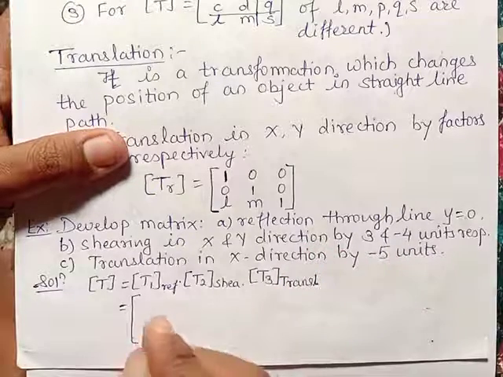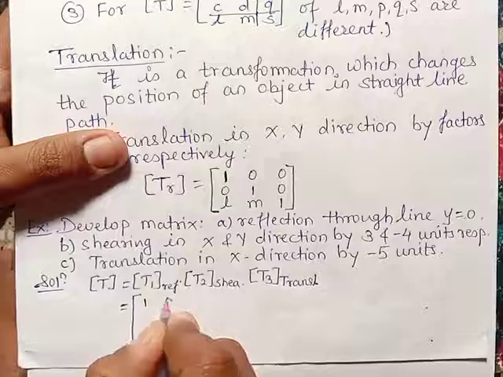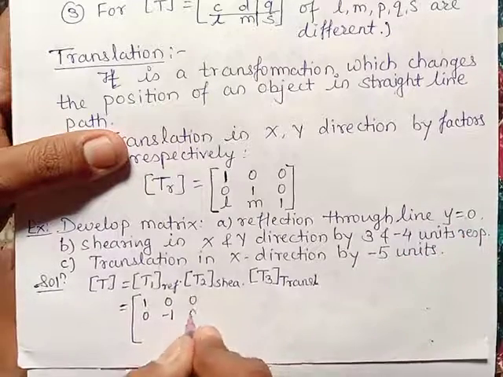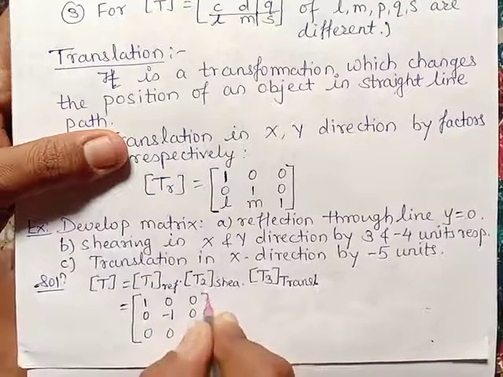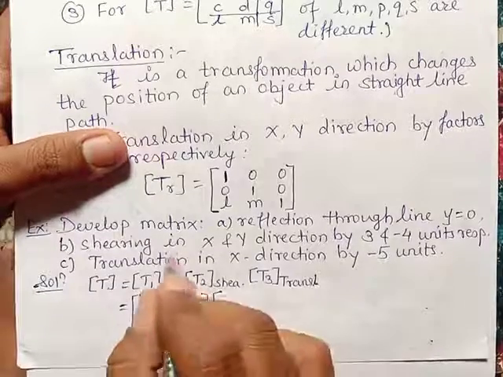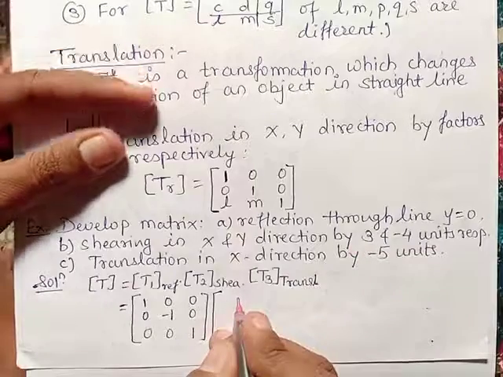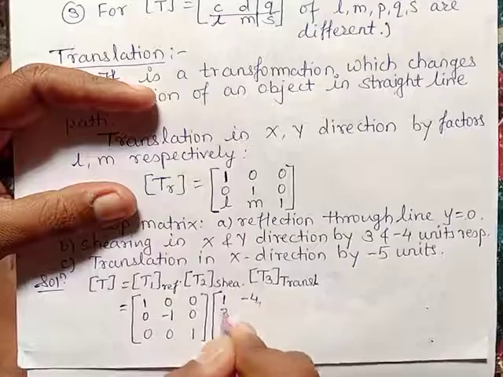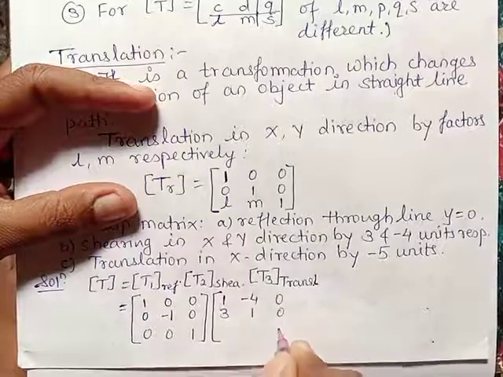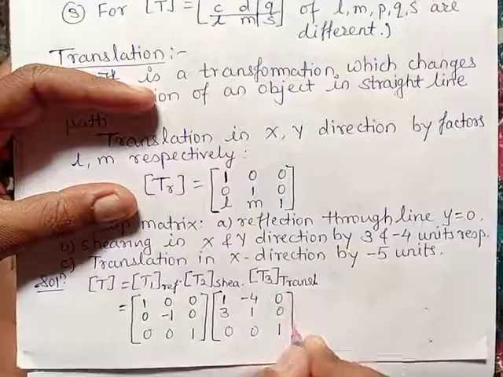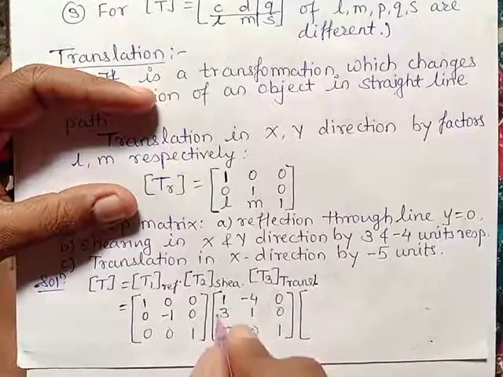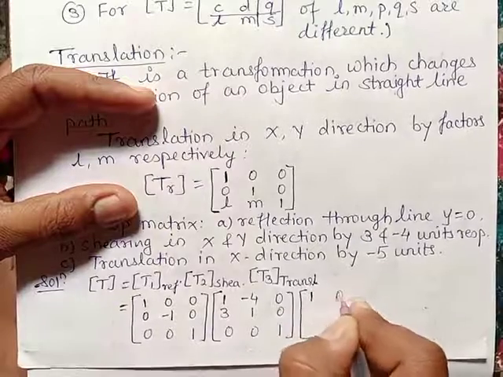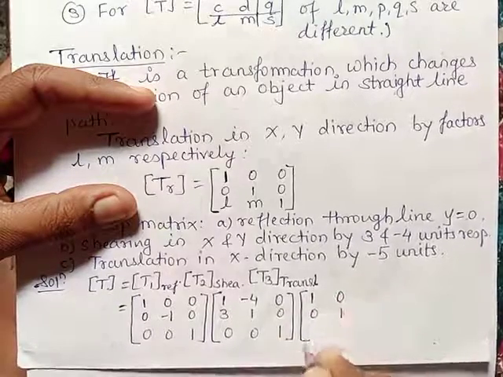Reflection through y equal to 0 will be what? 1, 0, 0, -1. That is reflection through x-axis. And this one we will write as it is, right? Now, shearing in x and y direction by 3 and -4. So 1, -4, 3, 1. In here 0, 0, 1, 0, 0, 1, homogeneous coordinates. Now translation matrix, translation in x direction by -5 units. So 1, 0, 0, 1, this is as it is.